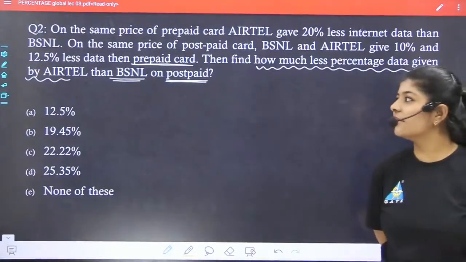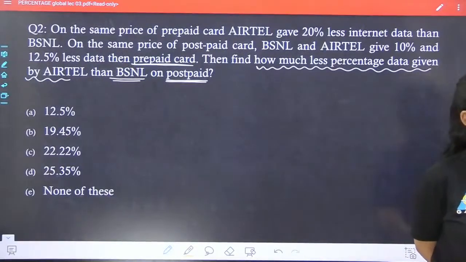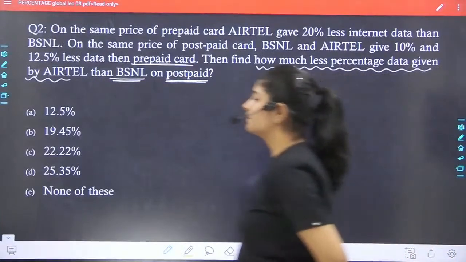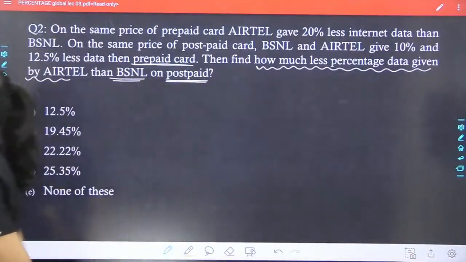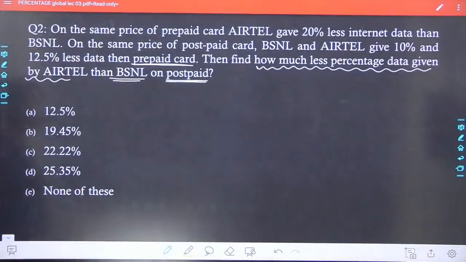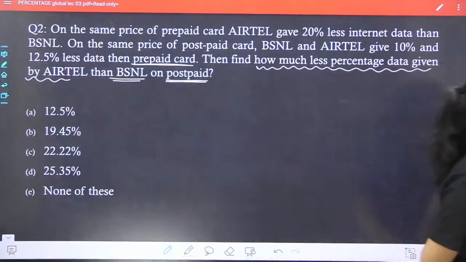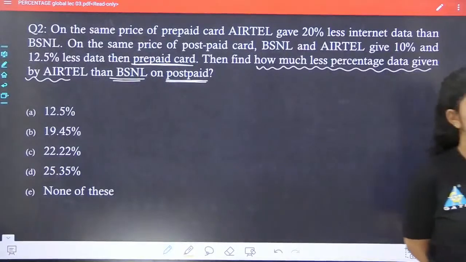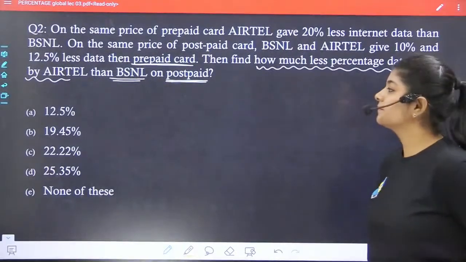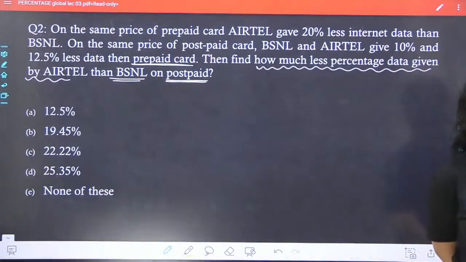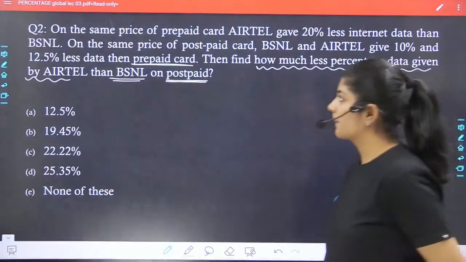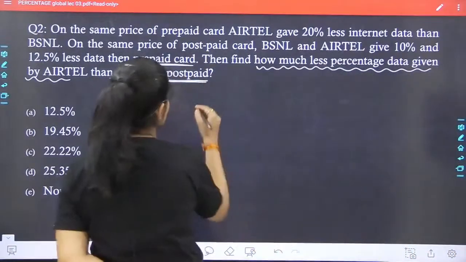How do we calculate this? Here we have two service providers.